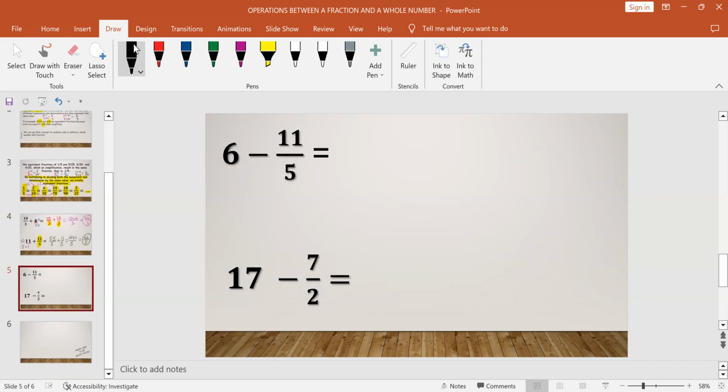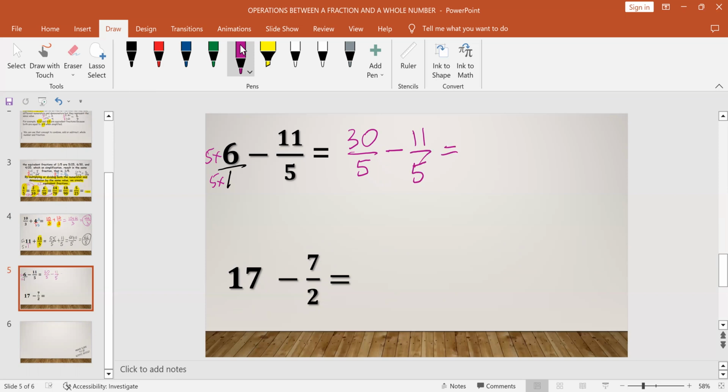We continue. We have now 6 minus 11 over 5 to simplify. So again, we create 6 as a fraction, 6 over 1. And an equivalent fraction here will be 5 times 6, 5 times 1. Therefore, we have 30 over 5 minus 11 over 5.